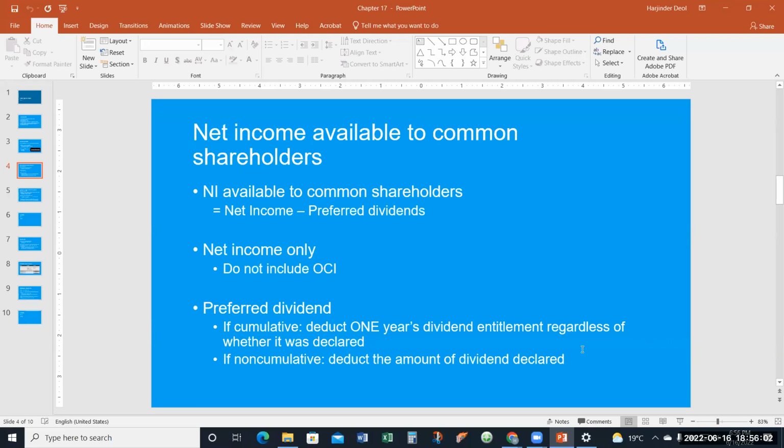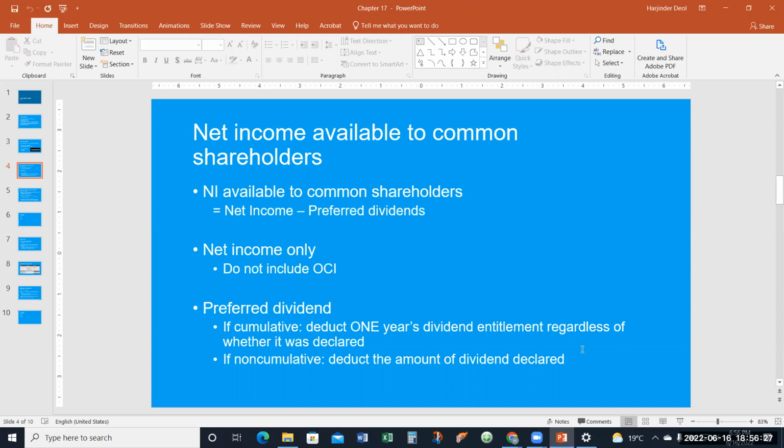If there's any amount of dividend that hasn't yet been paid, it'll show up as a dividend payable liability on the balance sheet, so you've got to be careful there. If the dividend is declared, then that dividend belongs to the preferred shareholders. So that much of net income belongs to the preferred shareholders, and by definition does not belong to the common shareholders. Common shareholders are like the hyenas we talked about, right?